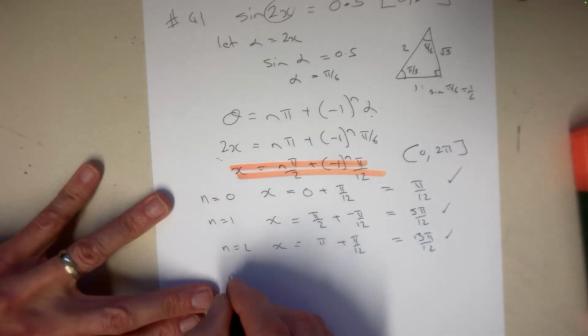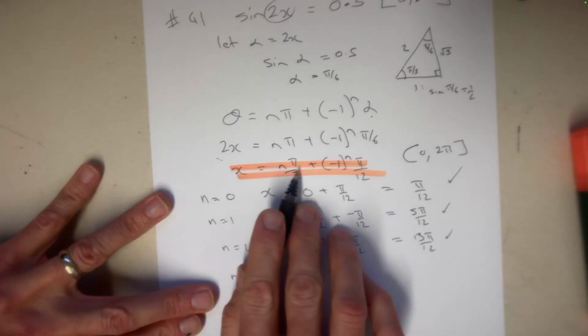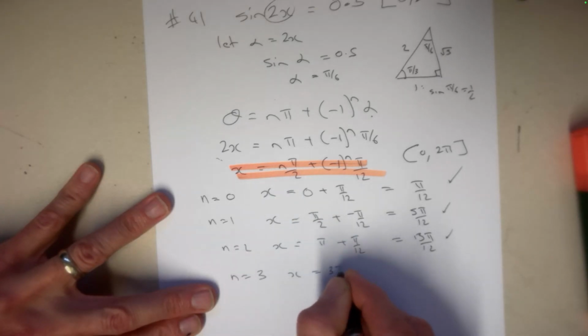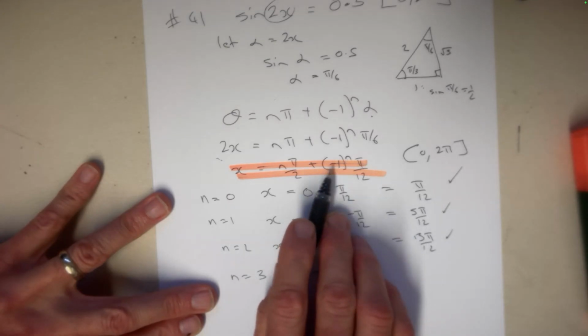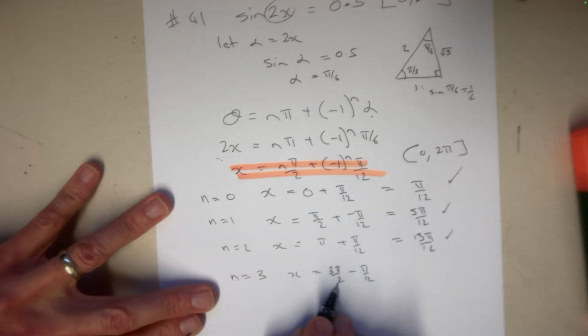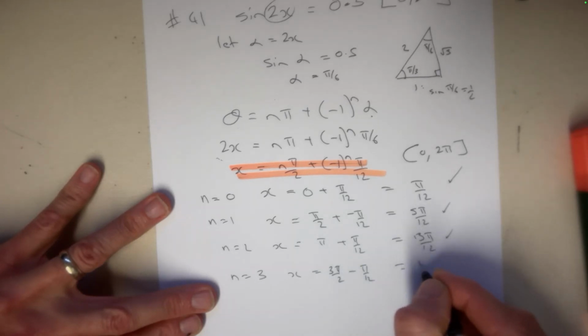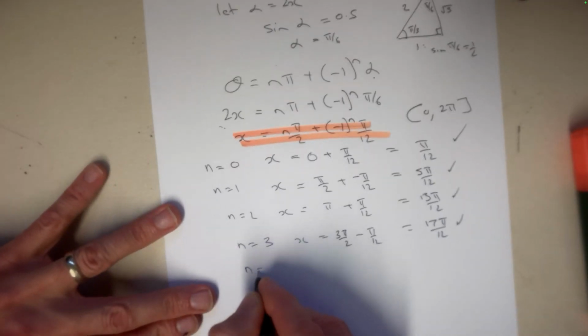Yes, that works. And the final one, let's put n equals 3 in. That's going to give you 3 pi over 2. Now, negative 1 cubed is negative 1, so that's going to be minus pi over 12, which is like saying 18 over 12 minus 1 over 12, which gives you 17 pi over 12. Hey, just for argument's sake, let's try n equals 4.